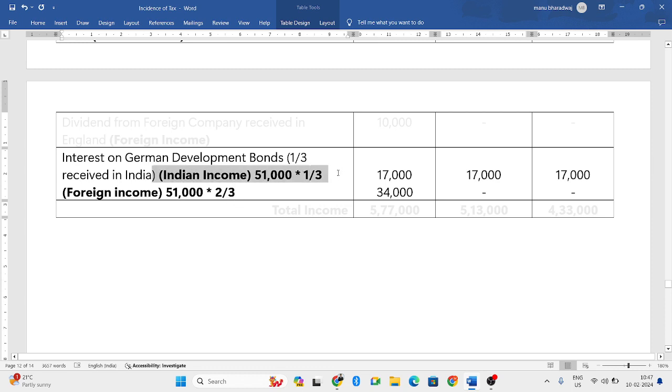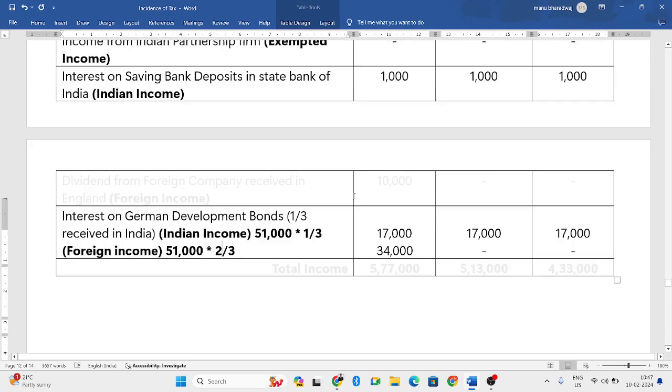So Indian income, the total amount was 51,000 into one third. As it is an Indian income, all the three residential statuses will be taxed. The remaining portion, that is two third, is foreign income from other sources. So only the ordinary resident will be taxed, 34,000.